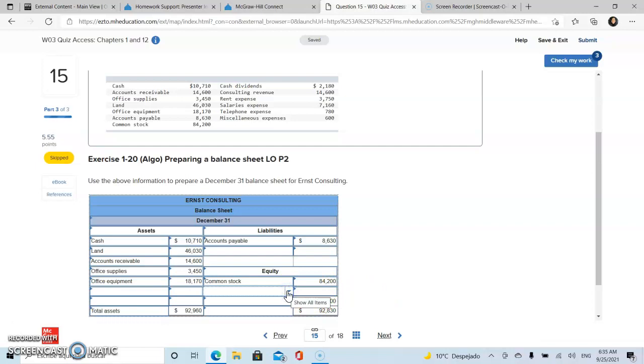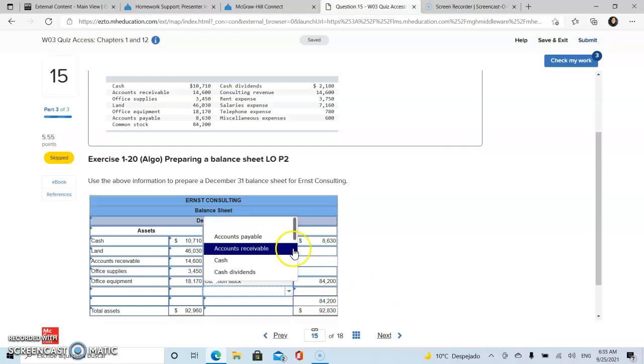And also we are going to put the retained earnings that we have from our last statement. There we go.